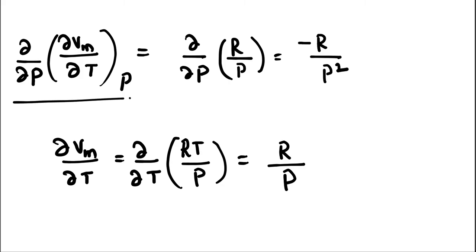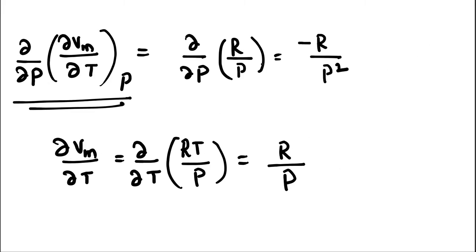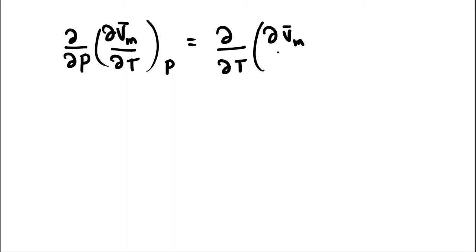Now look at this term, and in the previous case, this term. Both have given us negative R over P square. So what does it infer? It infers that dou over dou P of dou Vm over dou T at constant pressure is equal to dou over dou T of dou Vm over dou P at constant temperature. So that means Euler's criteria is met.